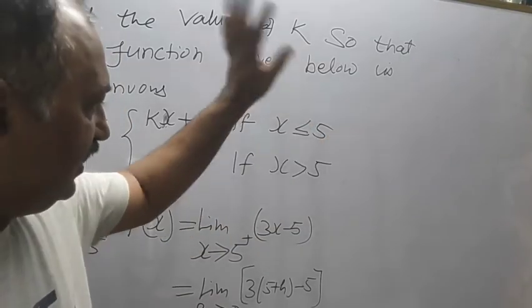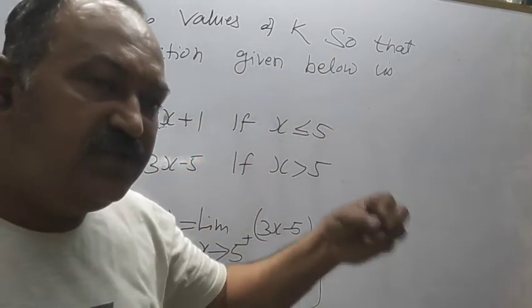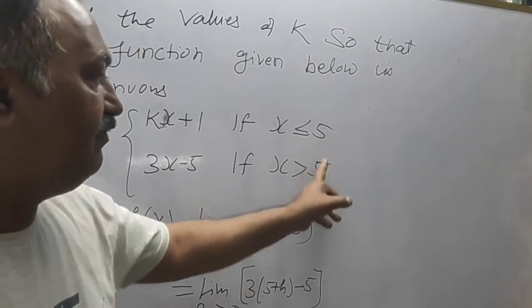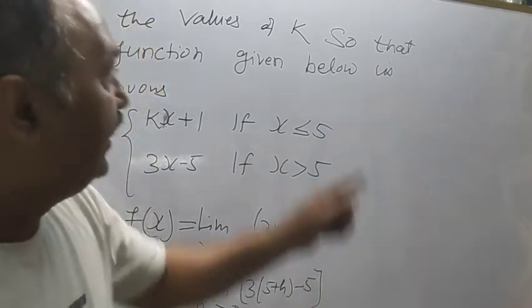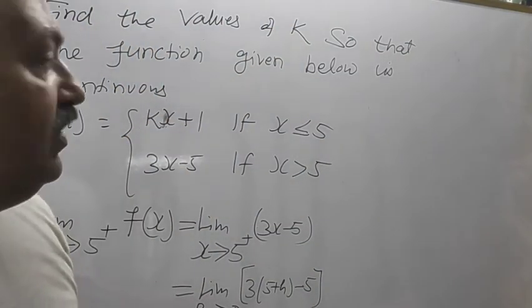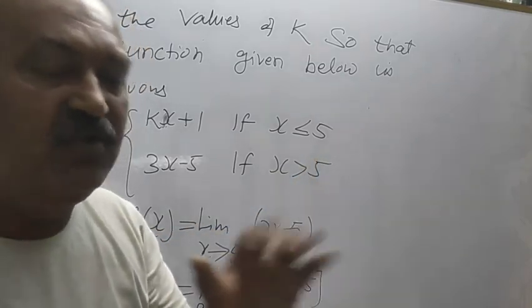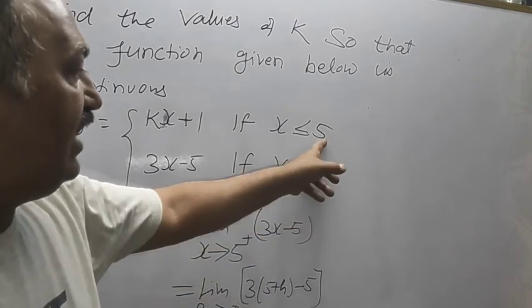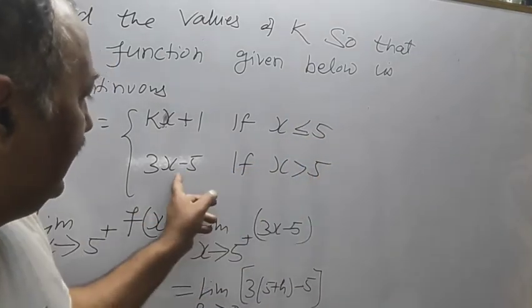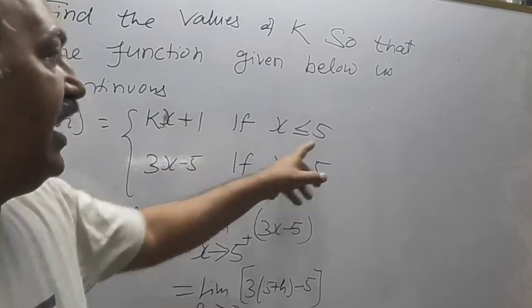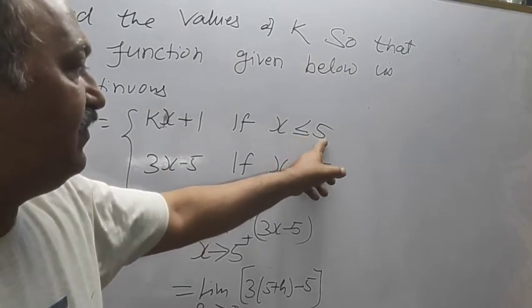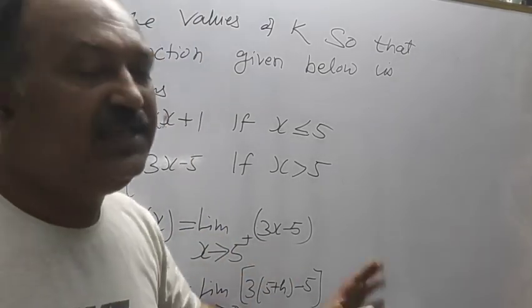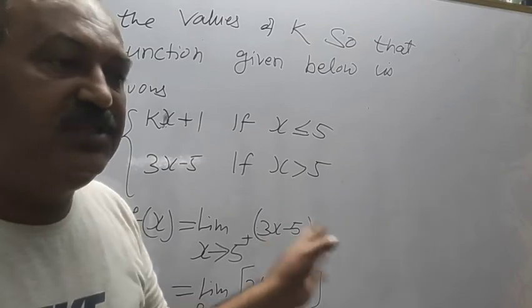At other points in the domain, it will be continuous automatically, but at the end point 5 this function is continuous, this is given to you. So this will help you to find the value of k. You have to find the value of the limit 5 plus from here and 5 minus from here, and value of the function at x is equal to 5 from here, and equating these three you will get the value of k. So this is the procedure.